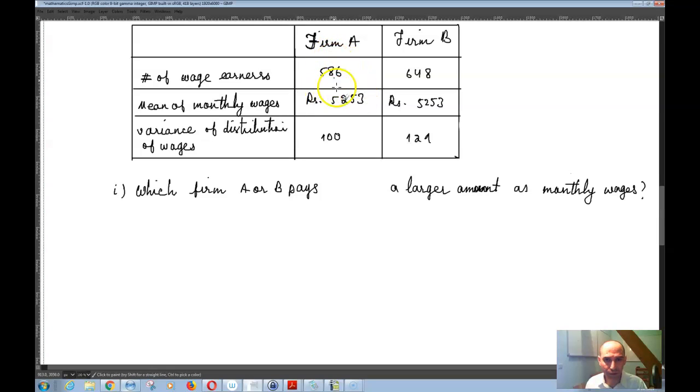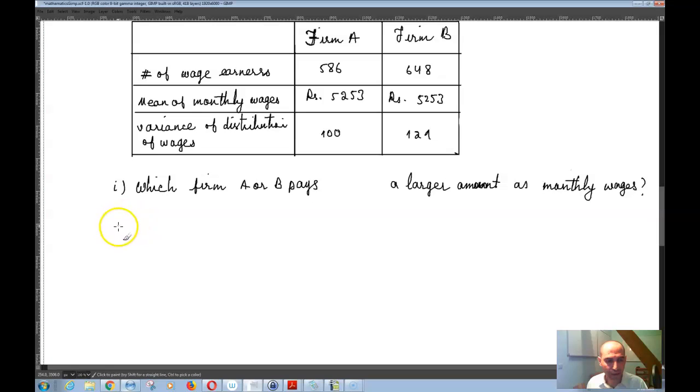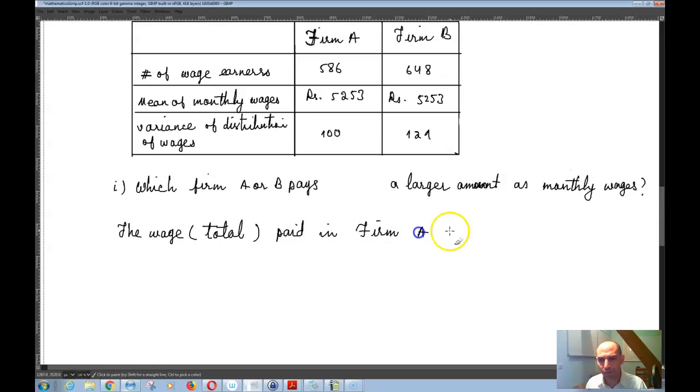So basically the amount paid, for example, you can say the total wage paid in firm A would be equal to 586, the number of wage earners, times the mean of monthly wages.